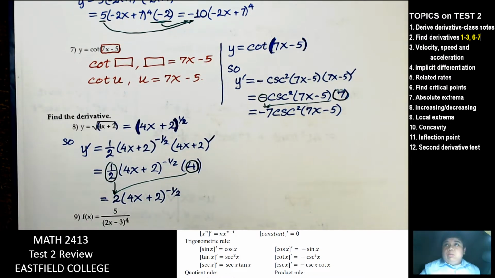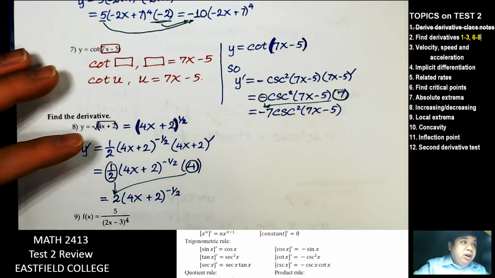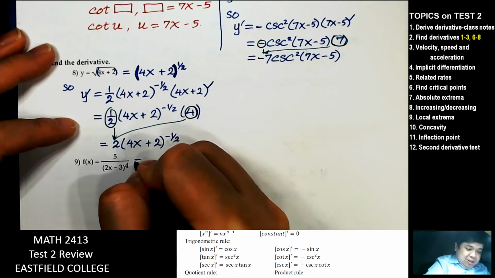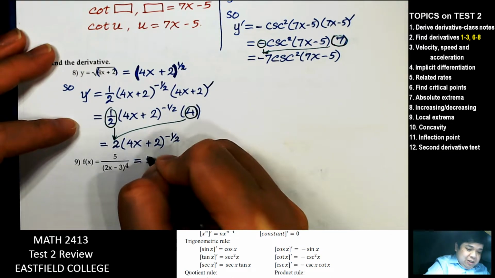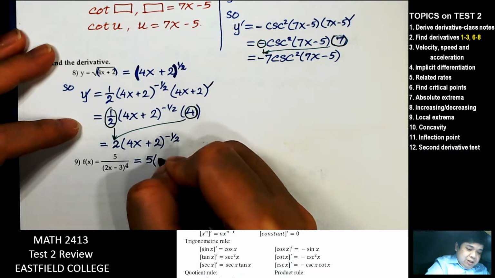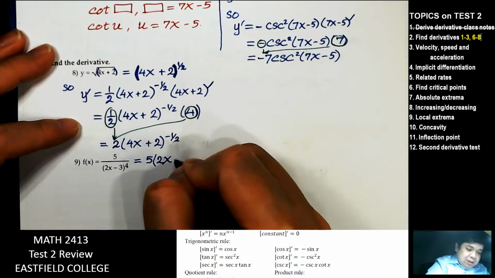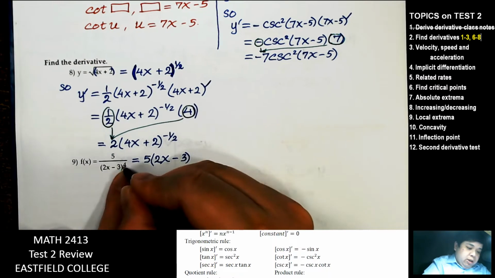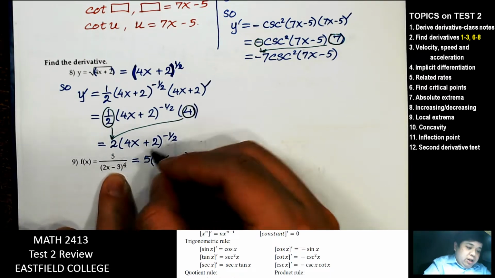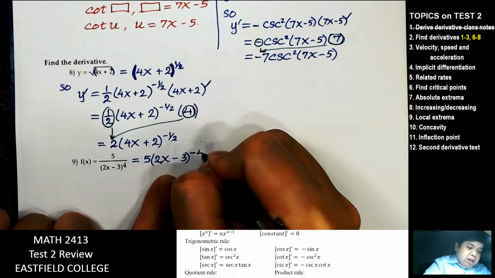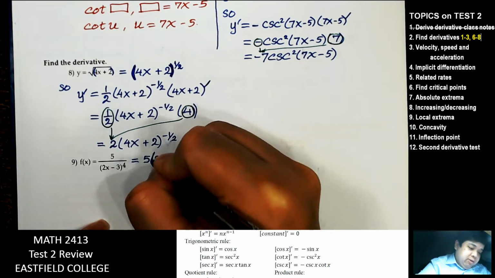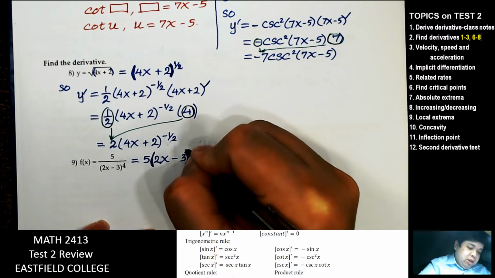I will not do number 9, but we just have to move the 4 to get 2x minus 3 to the negative 4 like that. It will be a lot easier now when we take the derivative with the parentheses.